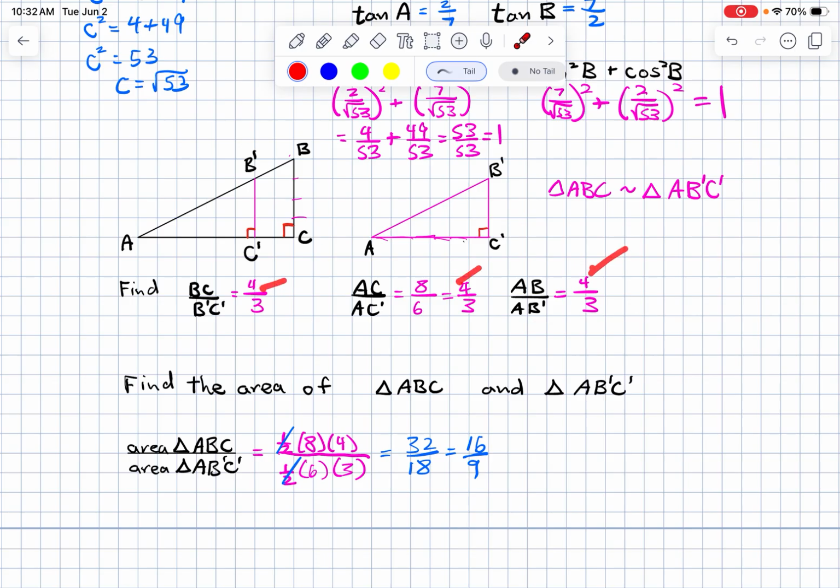When we looked at the ratio of the areas, the area of one triangle over the area of the other, we get 4 squared divided by 3 squared. That ratio of 4/3 is what we have for these similar triangles. The ratio of the area then will be that squared.